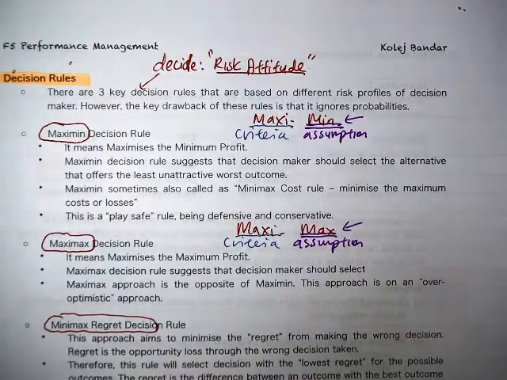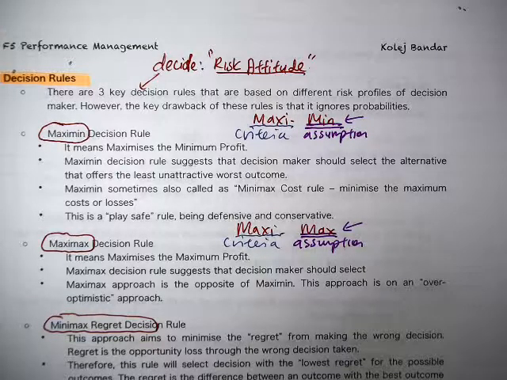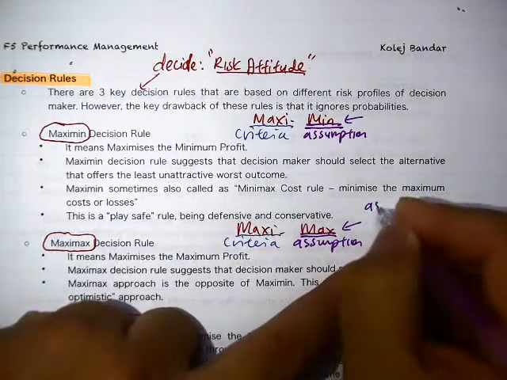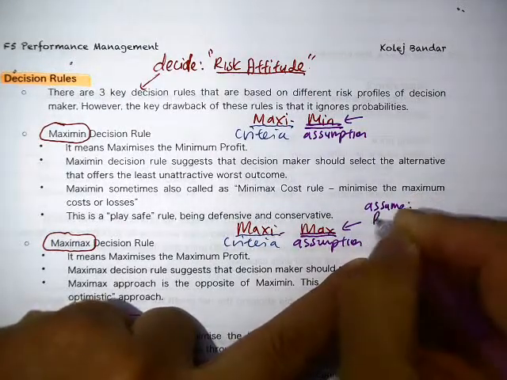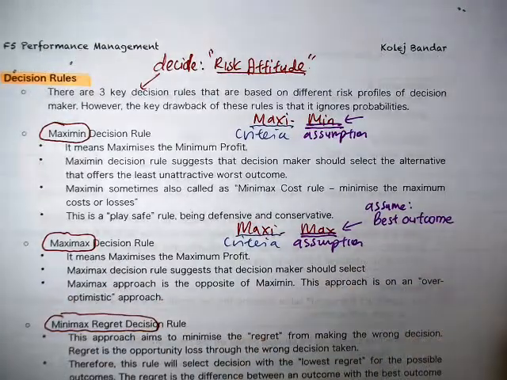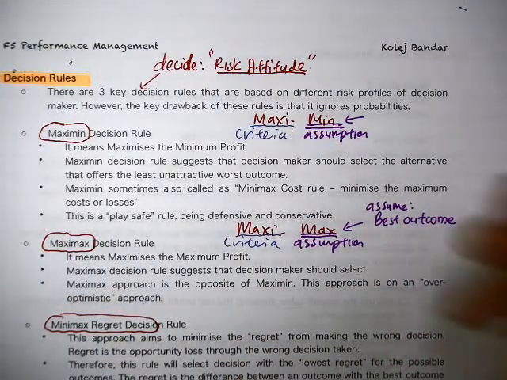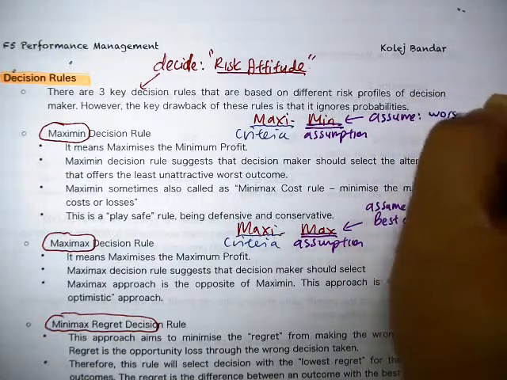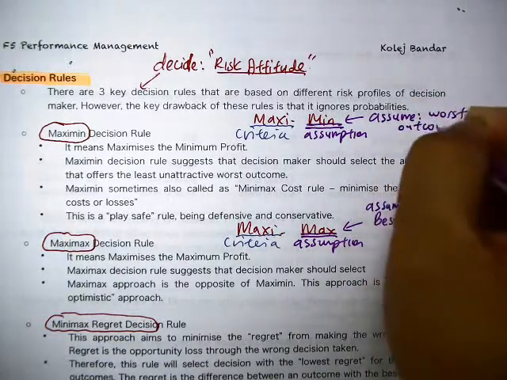So min and max is what? See, to us min is you assume that it's the worst. Max is you assume that it's the best. So that's why basically max means we assume that it will be the best outcome. Min is you assume it's the worst outcome.